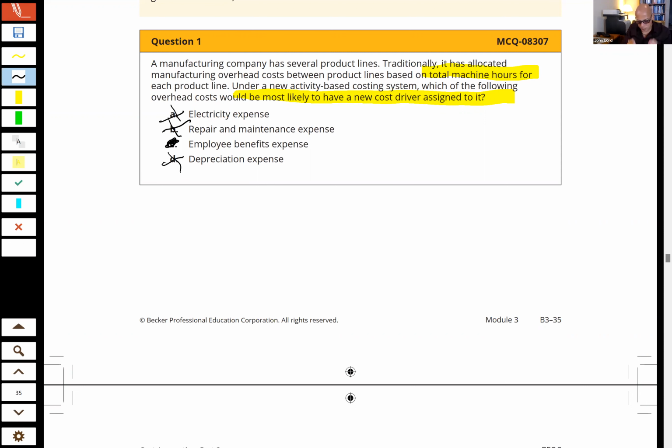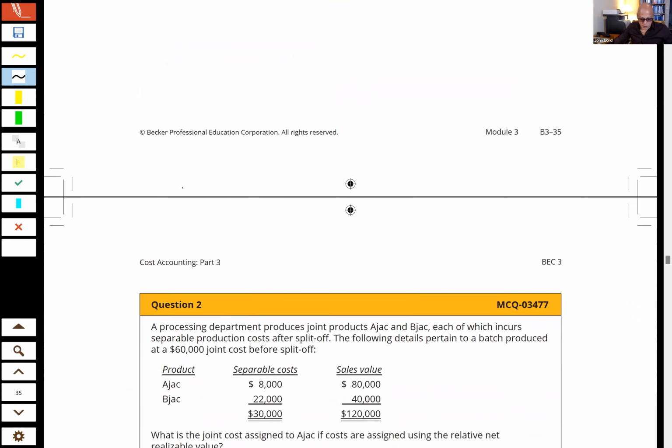Okay, so employee benefit expense we might want to use, I don't know, the direct labor dollars there that are associated with something to allocate employee benefit expense. But you probably want to come up with something different than machine hours there. Okay, good. Let's go ahead and take a look at this question.